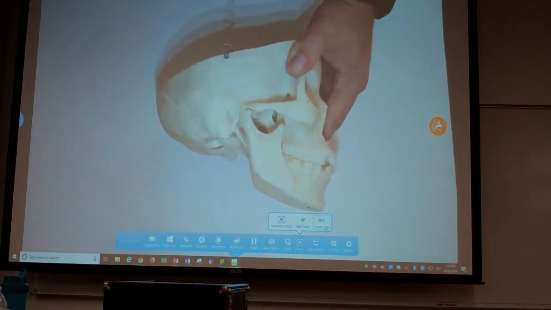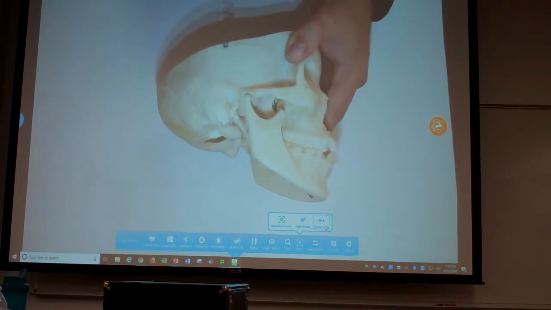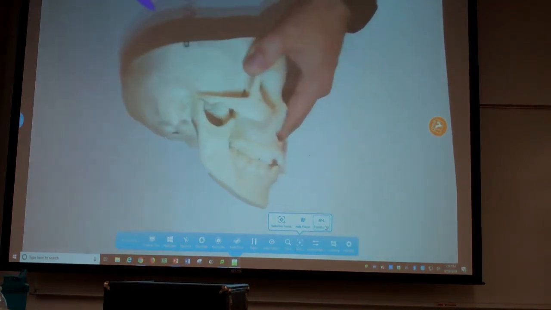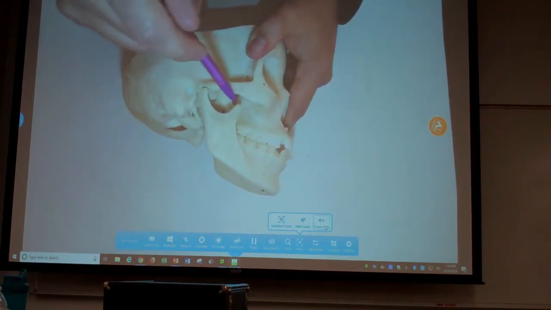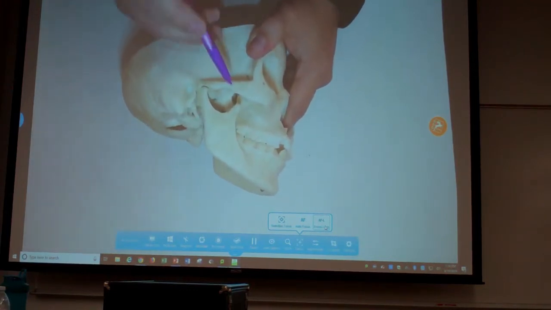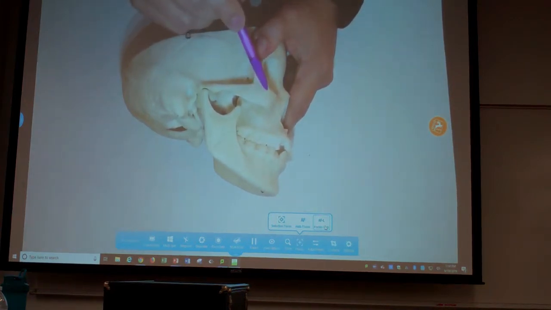Now the next two, the wording's kind of confusing, and when I looked it up online, the wording doesn't seem to match what the other resources I was looking at said. But essentially, this is going to be the zygomatic arch. I'm not going to test you on these two, but this entire thing is the zygomatic arch. If you'll notice here, we got a suture right here between your zygomatic bone and your temporal bone.